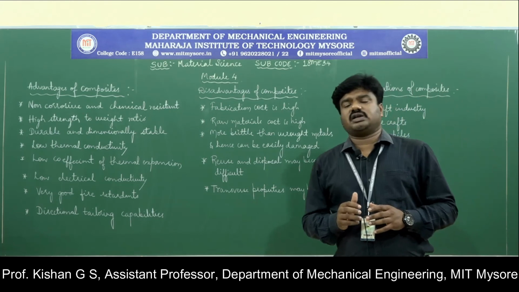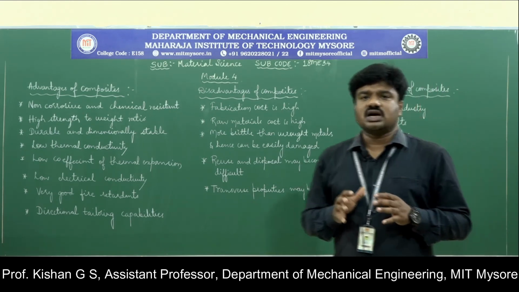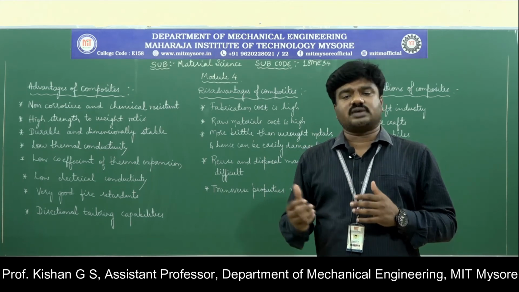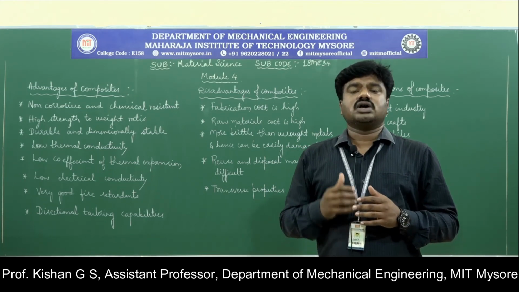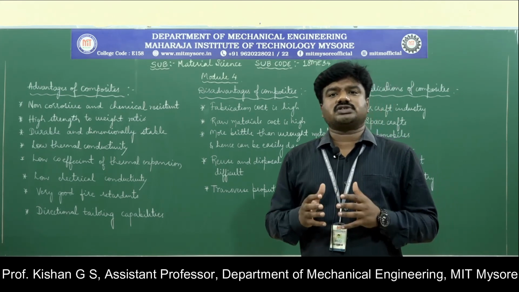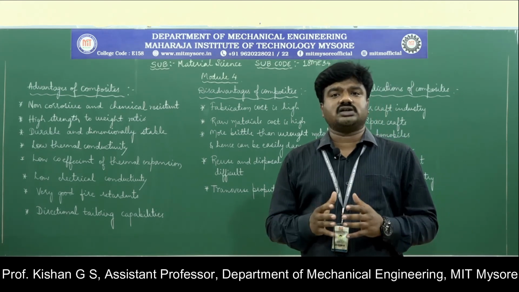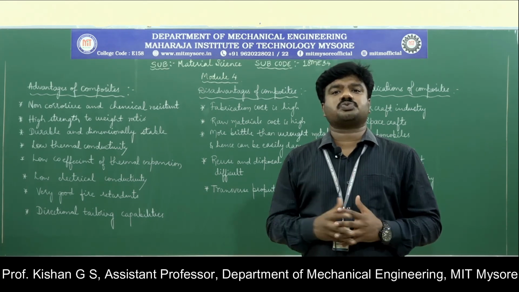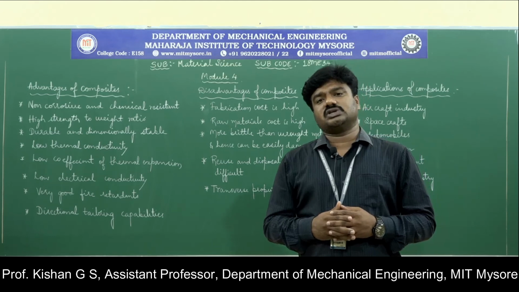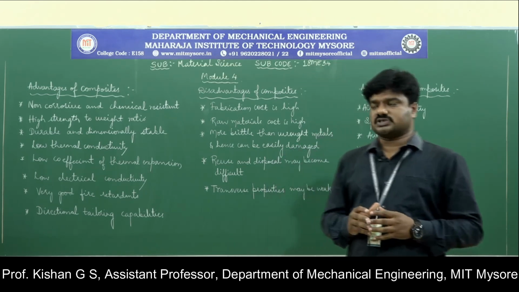Since composite material consists of two or more materials, it is not easy to recycle it to get another product, or to dispose of it in the environment, because the combination of two materials leads to different inherent properties with respect to environmental factors. Hence reusability and disposal are difficult in the case of composite material.